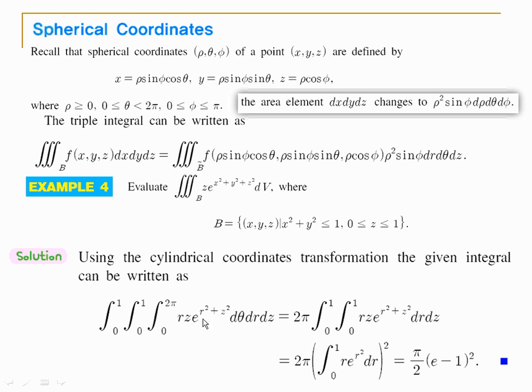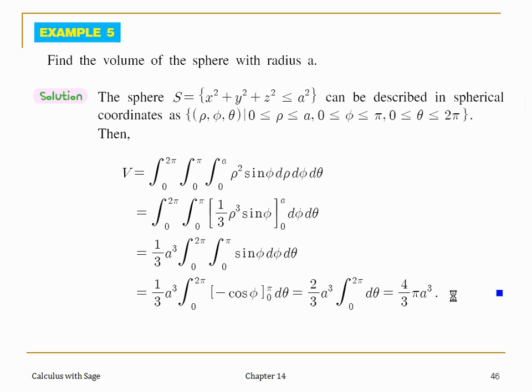So the r cosine theta and r sine theta replacement gives us this, which is also a simple integration, and it can be computed to get pi over 2 times e minus 1. So this one was an example of the cylindrical coordinate transformation case.